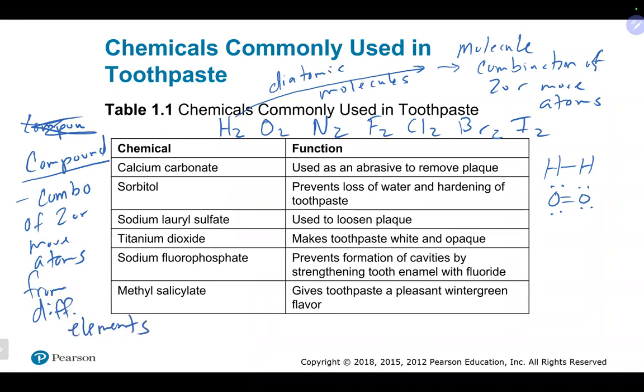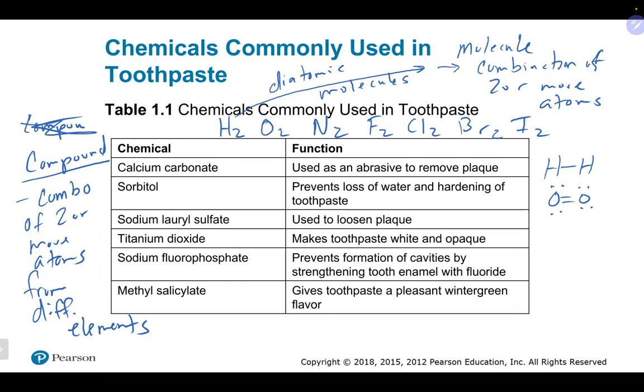So a compound actually is a combination of two or more atoms of different elements. So by that definition, are these guys here compounds? They're not, because they're all made up of the same element, and that's why they're elements and not compounds.